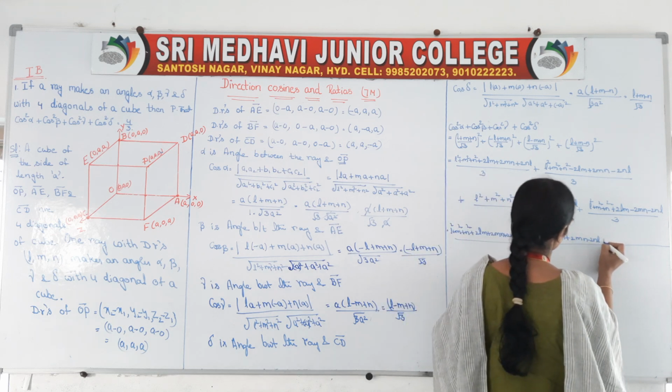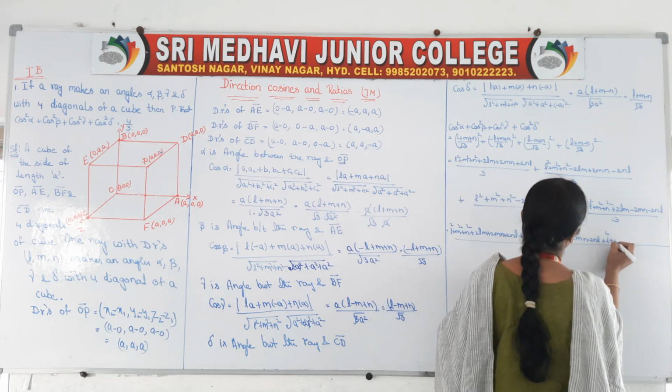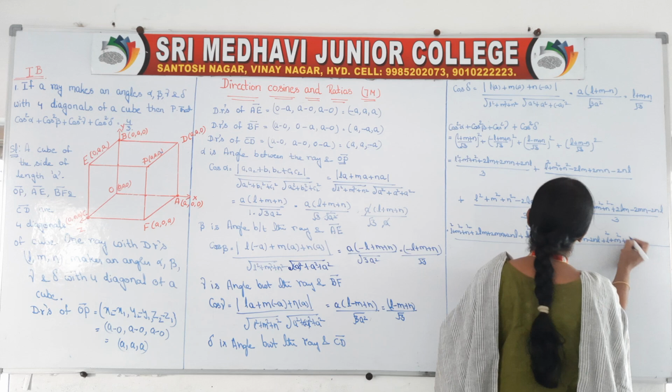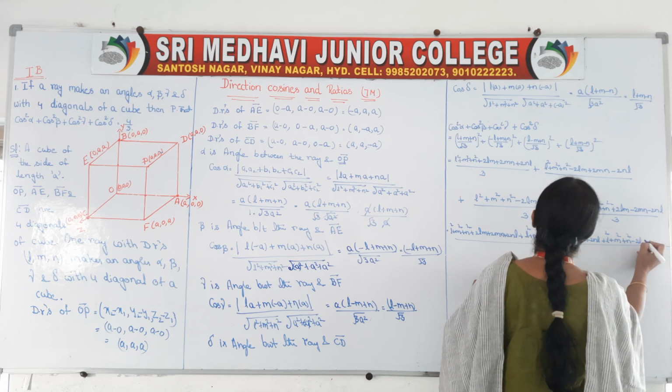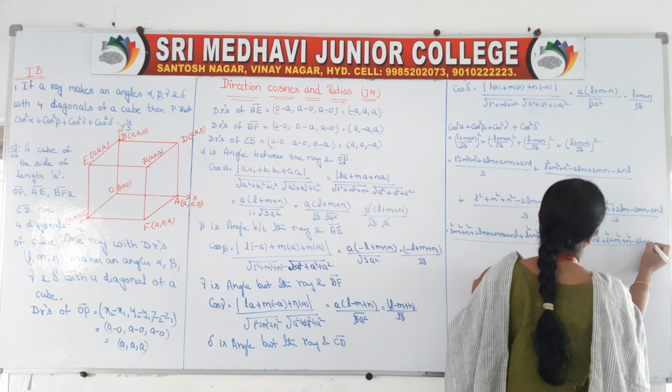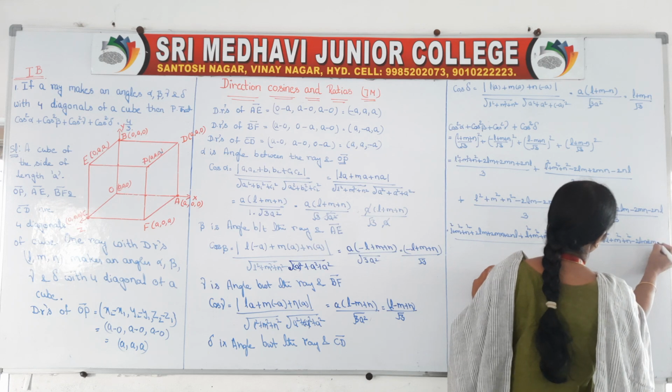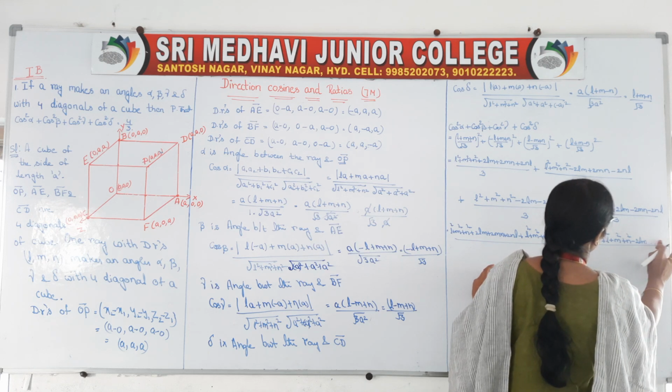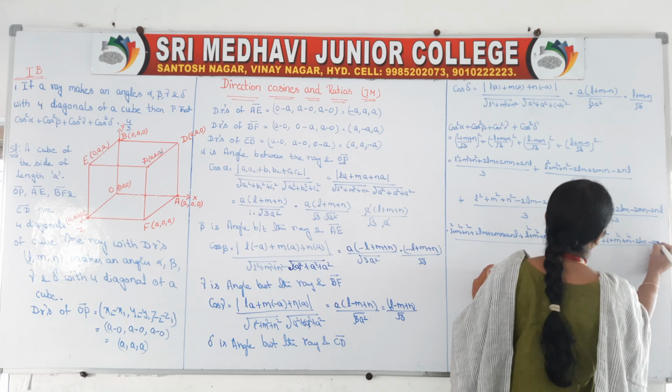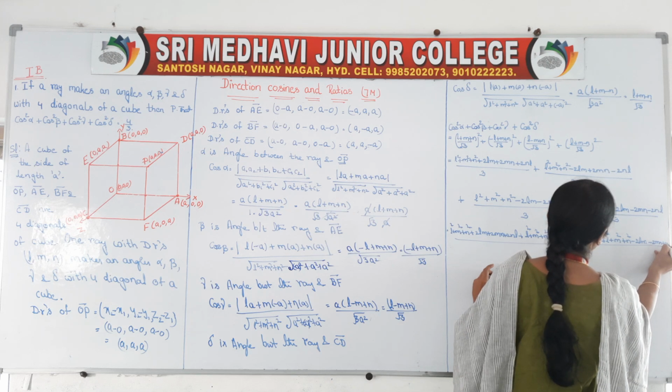Next, this term comes plus l² + m² + n² − 2lm − 2mn, right, minus 2mn plus 2nl.